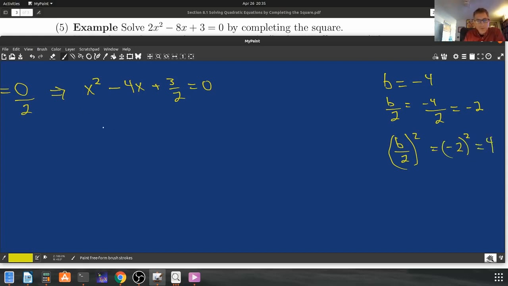So my next step, I take my constant term and move it to the other side. So 3/2 becomes minus 3/2. And then I add the same number, my b halves squared value, to both sides.